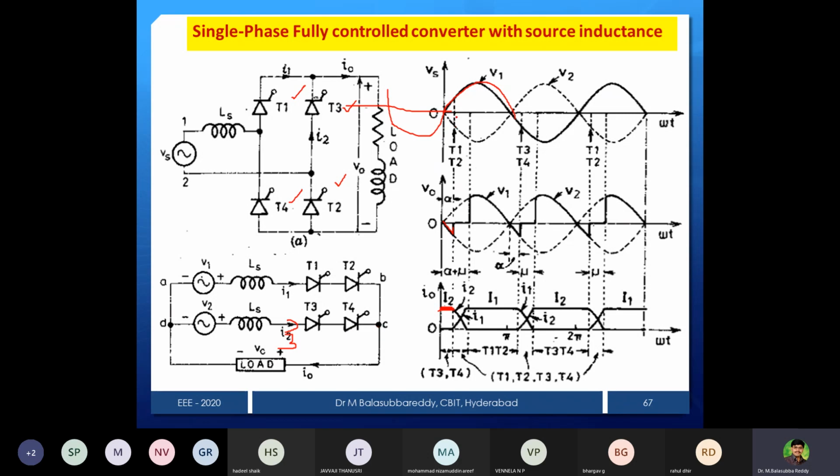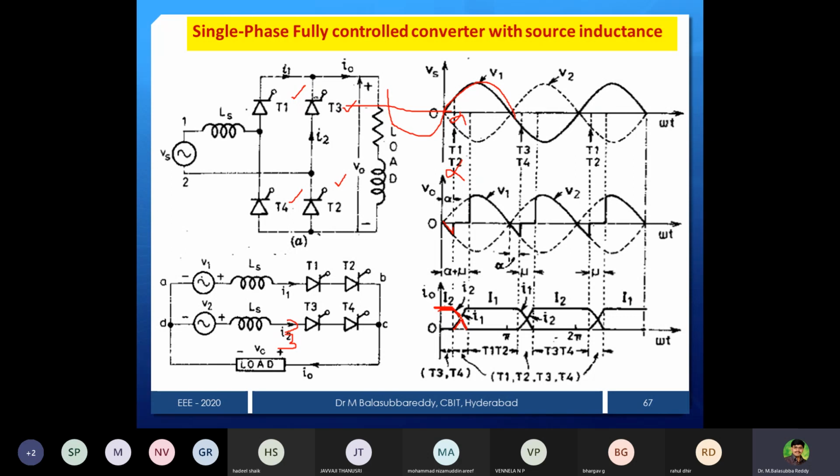Now I give the firing pulse at an angle of alpha to T1 and T2. The current carried by T3, T4 is the load current, and it will not suddenly reach zero, and I1 current will not suddenly reach the load current. The I2 current will be gradually decreasing after the firing pulse, and the T1, T2 current will be gradually rising.